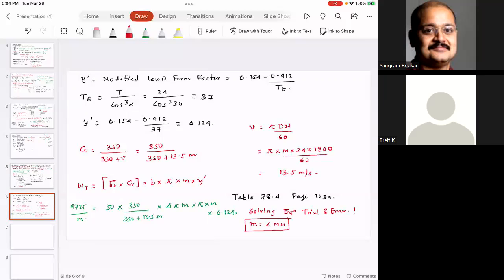Depending upon the value of sigma naught you choose, if your sigma naught is different, then clearly your value of module is going to be different. The face width B is 4 times pi times module, which is 4 times pi times 6, which is 76 millimeter. You're welcome to check my answers.